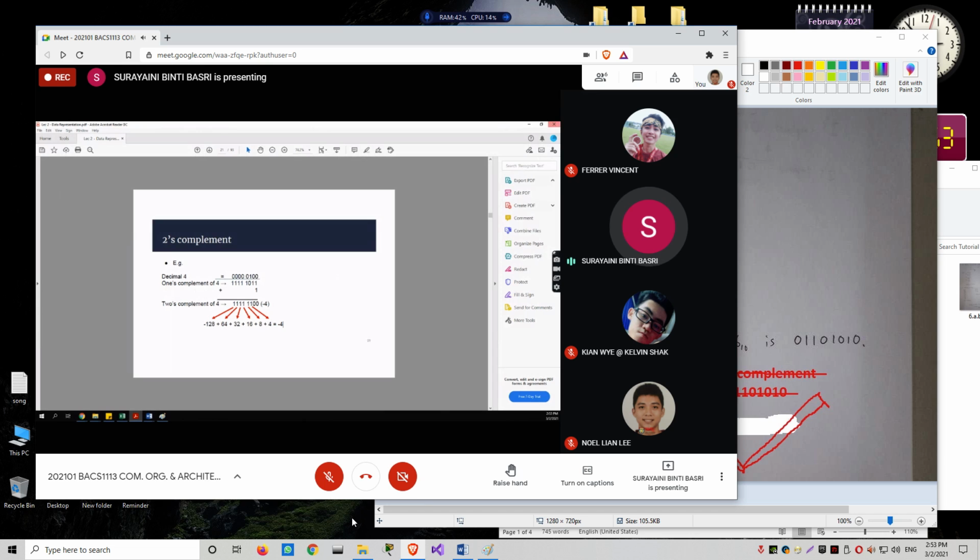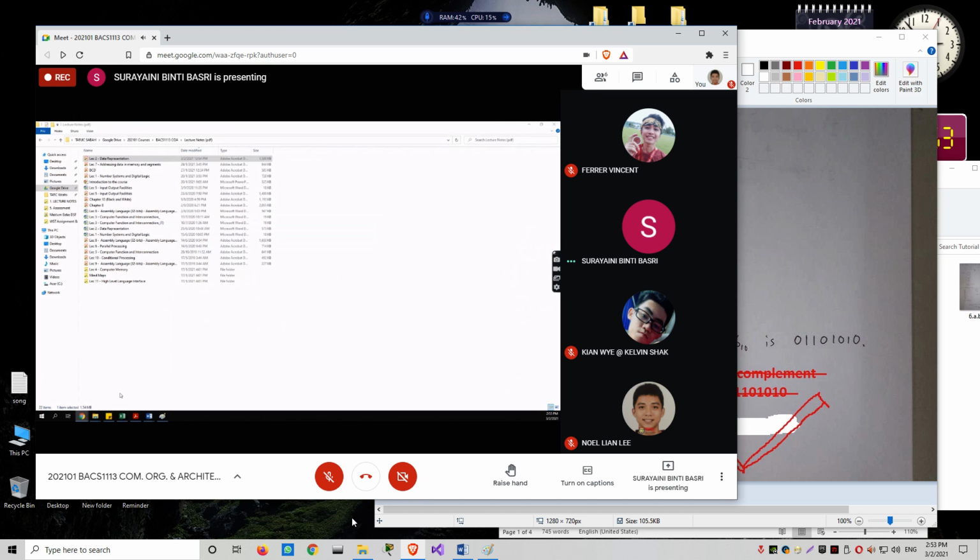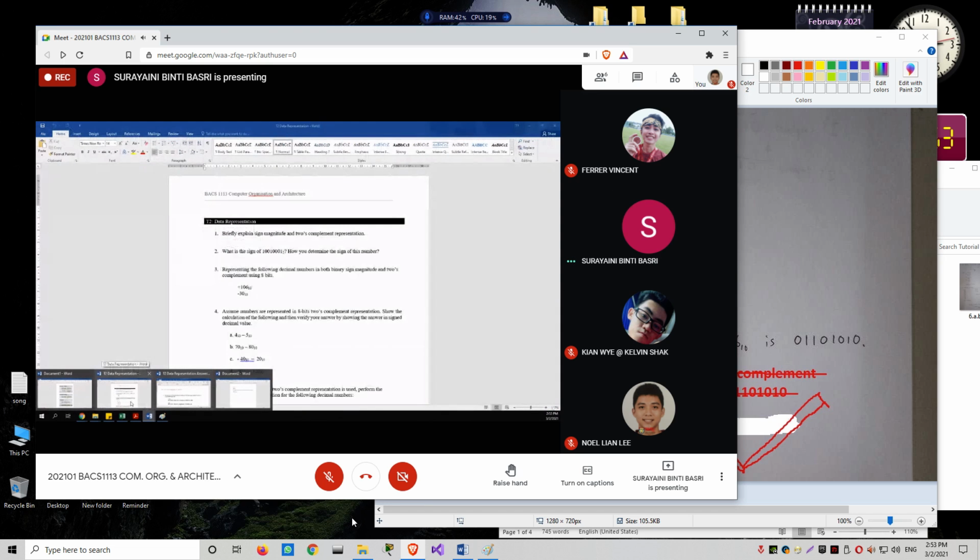Okay, so we proceed to question number 3, still, but this one. Because you know the way already, what is the sign magnitude value for negative 30?